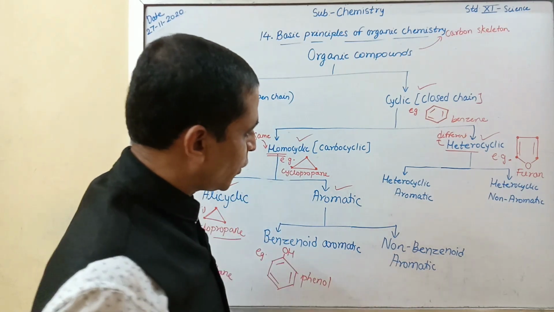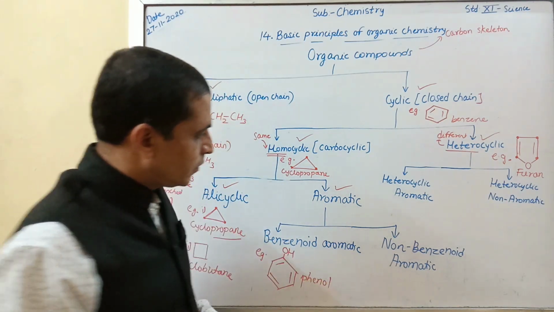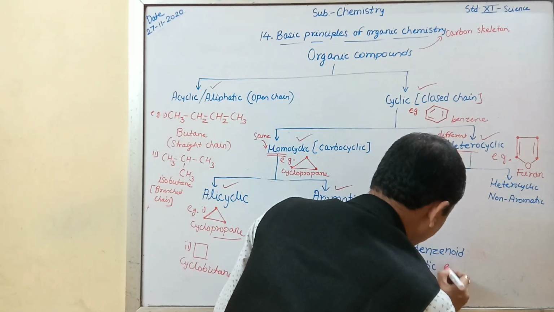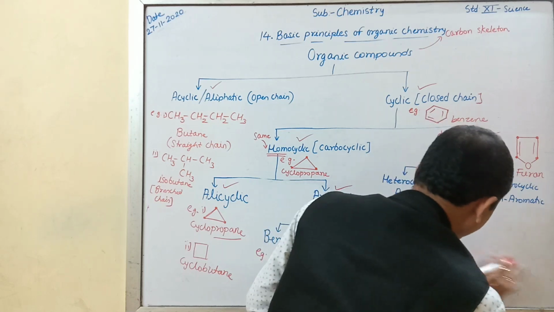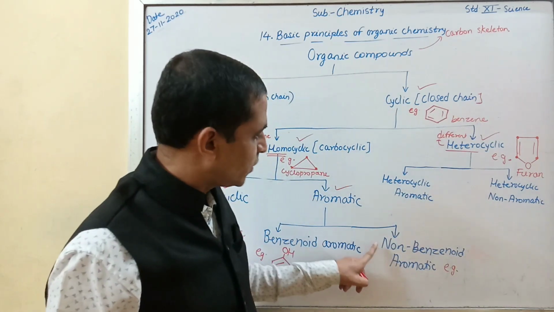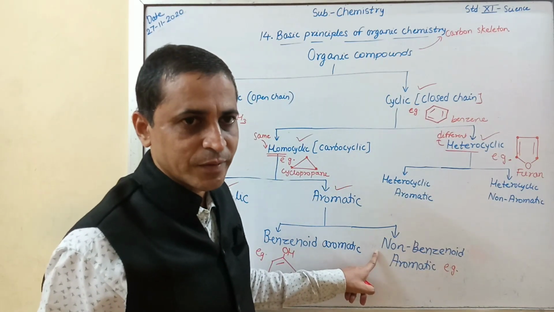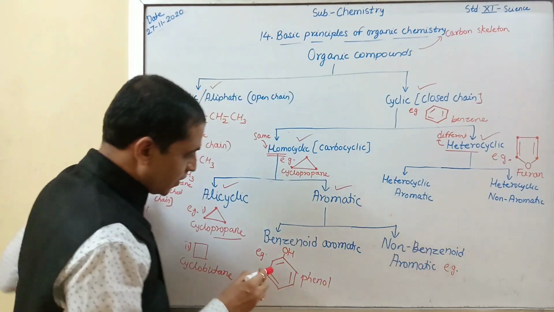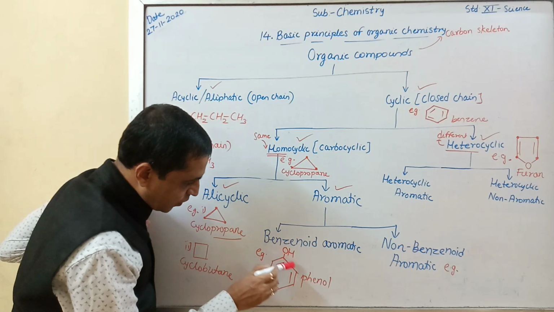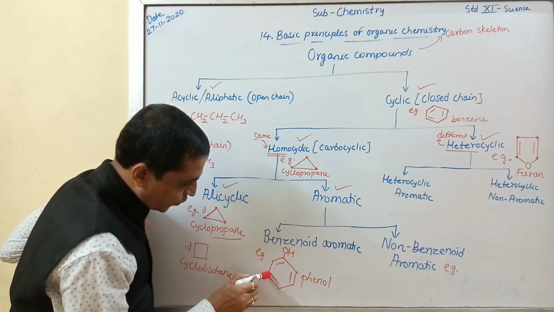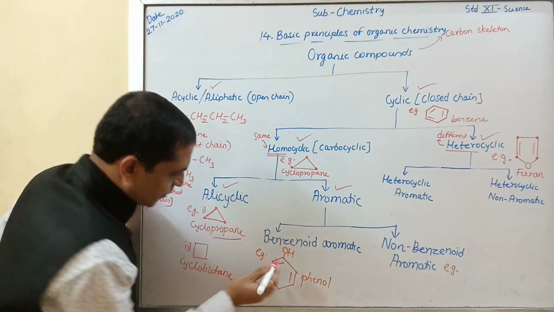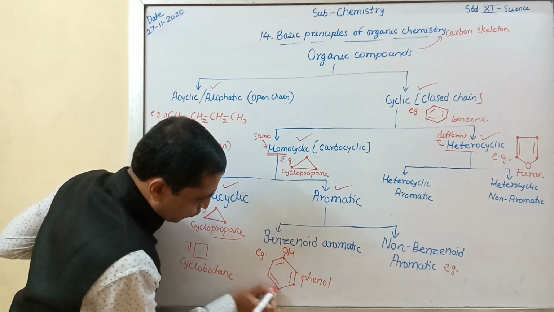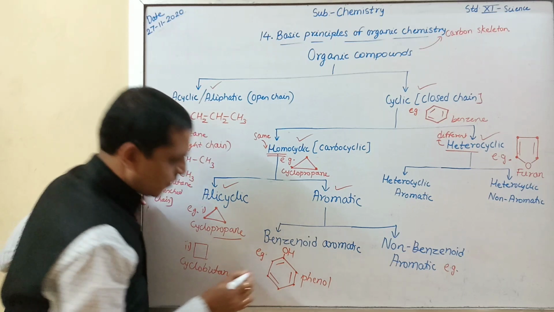Now come to non-benzenoid aromatic. Here we can take one example, so we can easily get the idea. Non-benzenoid means they do not contain a benzene ring. Try to understand the benzene ring. A benzene ring has 6 carbon atoms: 1, 2, 3, 4, 5, 6.